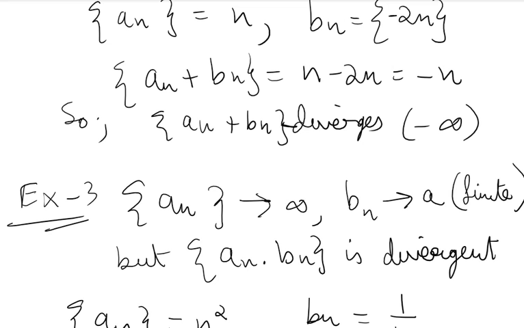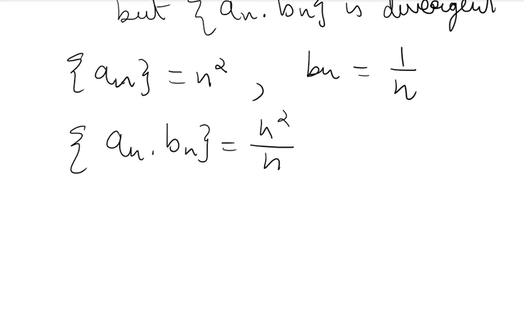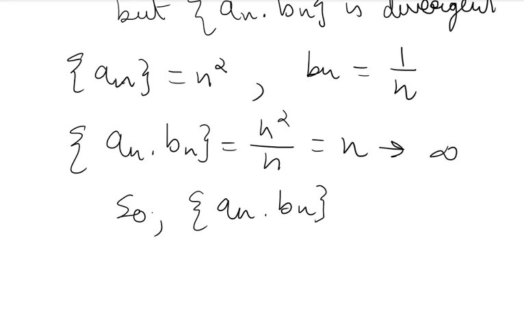Very simple to understand. Now when you do the product, an dot bn, that is n square divided by n, that is n, which is tending to infinity. So an dot bn diverges.